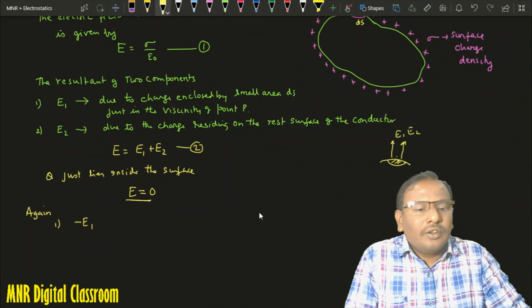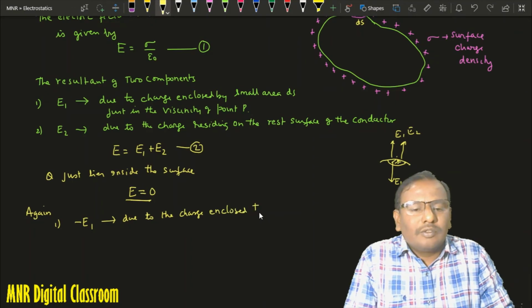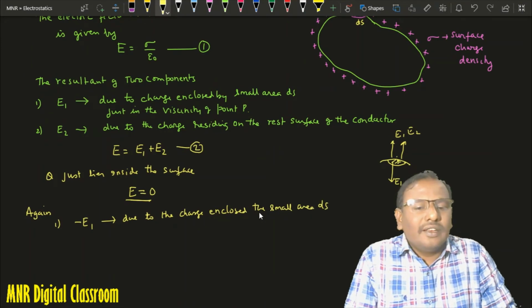For a point Q, again we have two components. The first component E1 is due to the charge enclosed by the small area ds, which is directed inwards.